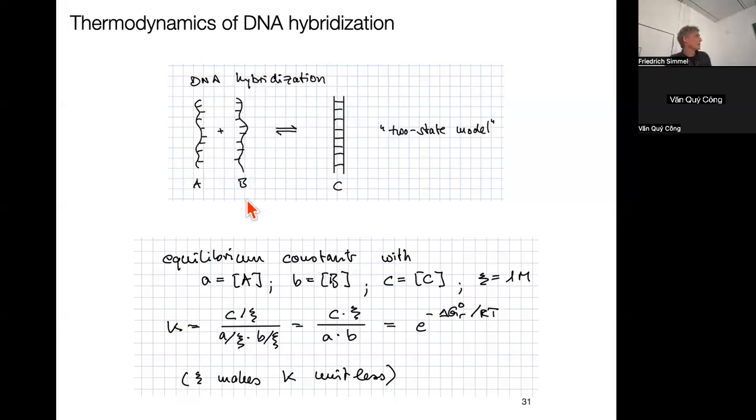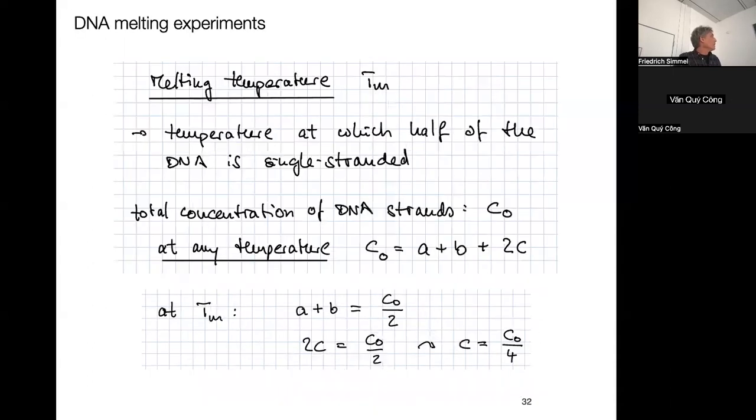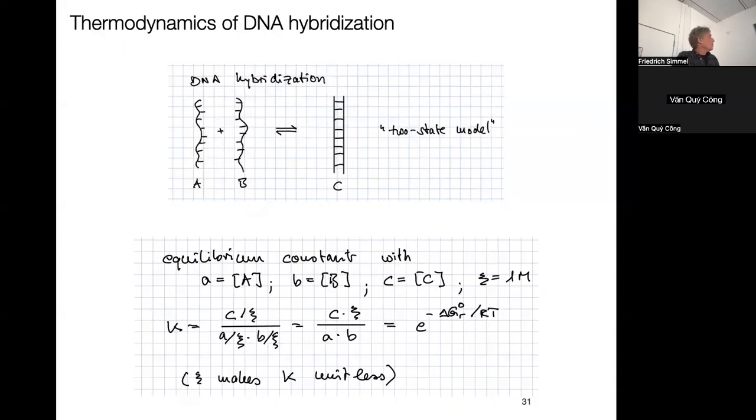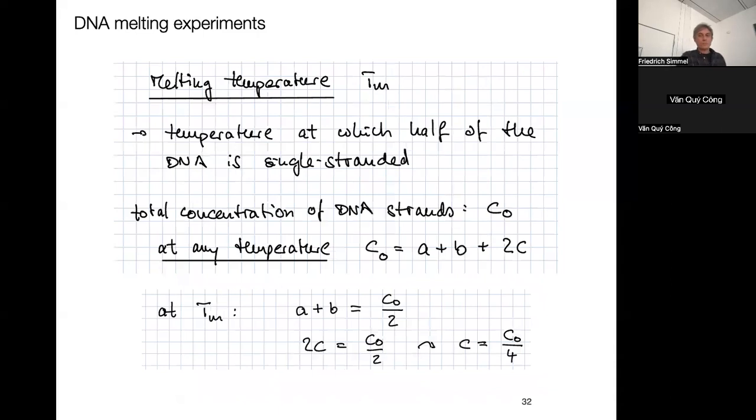For this reaction, you can now write down the equilibrium constant as we discussed it, and this will be related to some delta G for the reaction shown here. One useful measure that people like to use to characterize the stability of a DNA duplex is the so-called melting temperature, Tm.